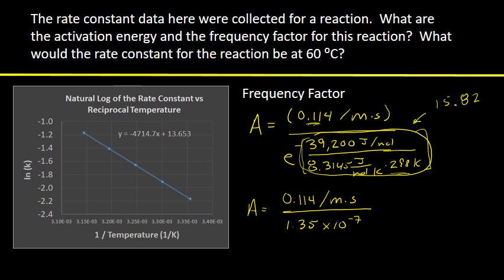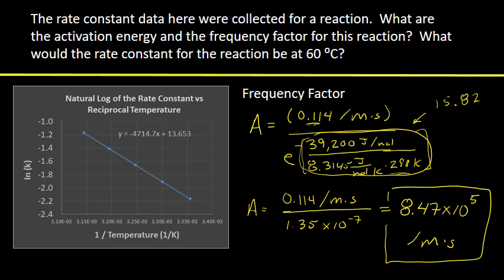So the denominator became e to the negative 15.82, which is 1.35 times 10 to the minus 7. I took the rate constant and divided by that. I got 8.47 times 10 to the 5 per molarity second. So that's our frequency factor.